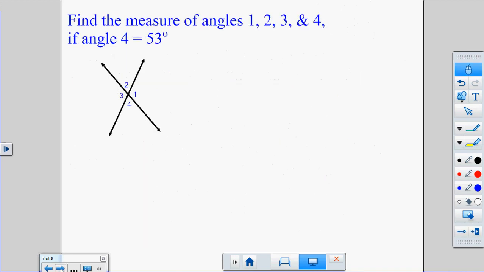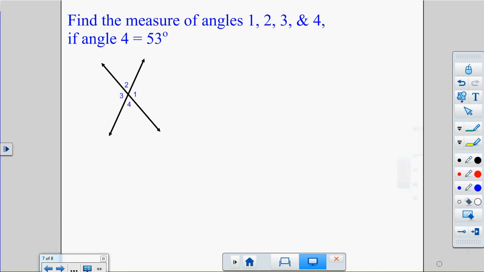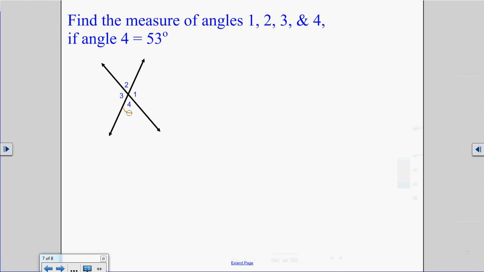Okay, find the measures of angles 1, 2, 3, and 4 if angle 4 is 53 degrees. So try this real quick, and then we'll correct. Okay, so I know 4 is 53 degrees.